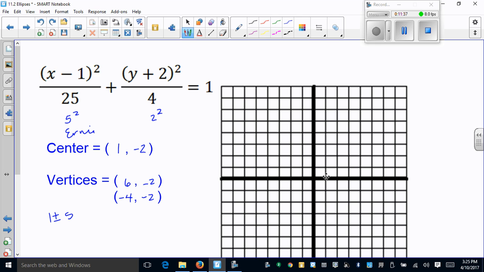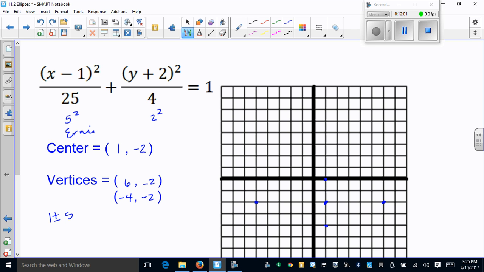1 plus 5, 6. There we go. And then 1, 2, 3, 4, 5, 6. Yes, I could have also just done find these values. Up 2, down 2. Now you know why it's called the up-down number. This, I went over too far on this one. 1, 2, 3, 4.